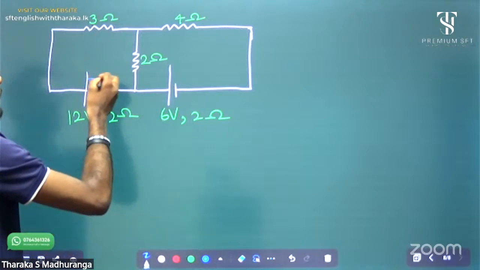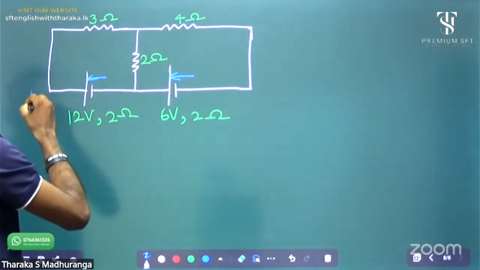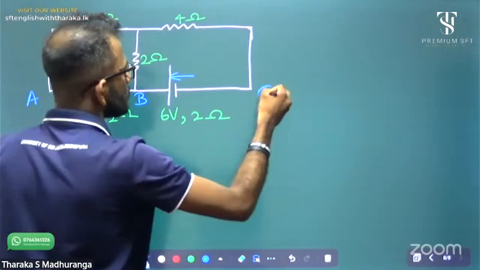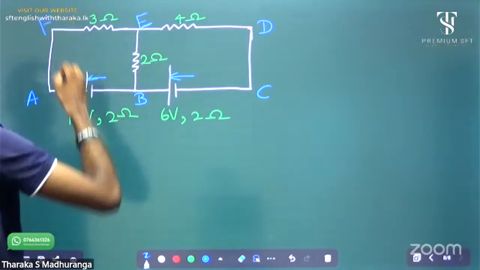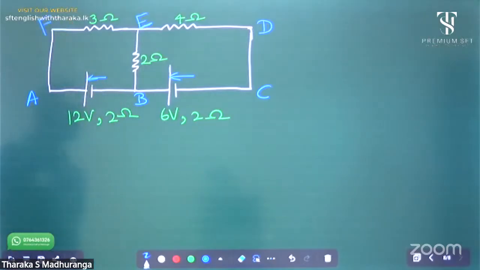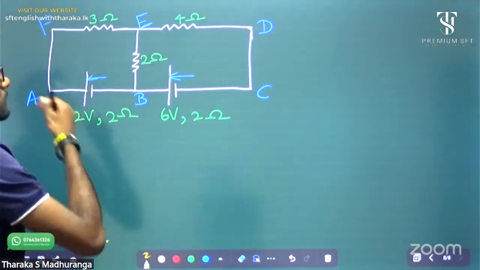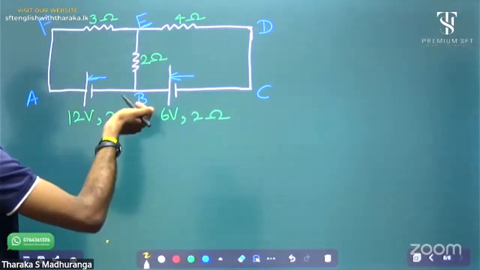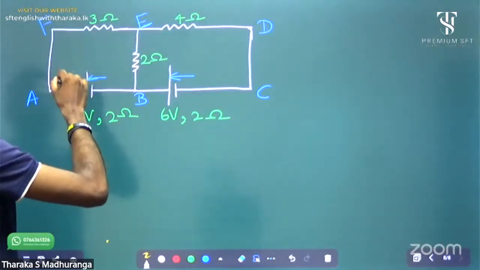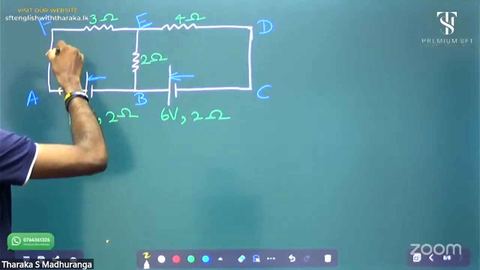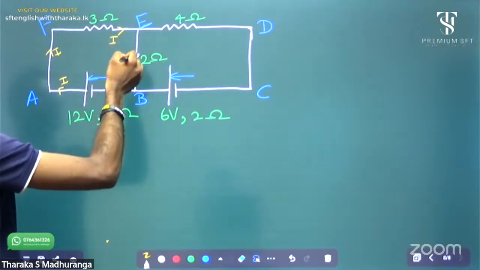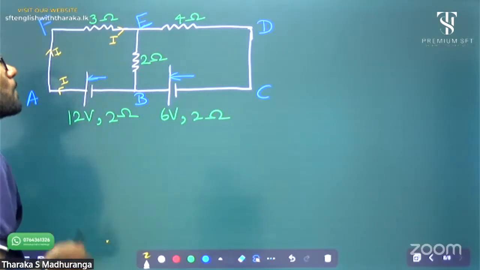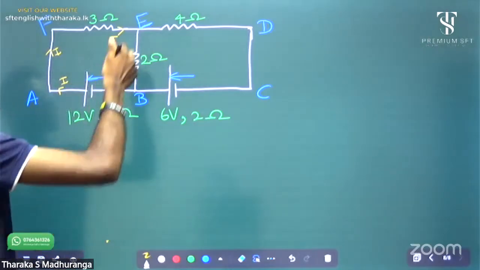Okay, these are the EMF directions, and A, B, C, D, E, F. This is the current direction. Current starts from this end, I. This path I1.